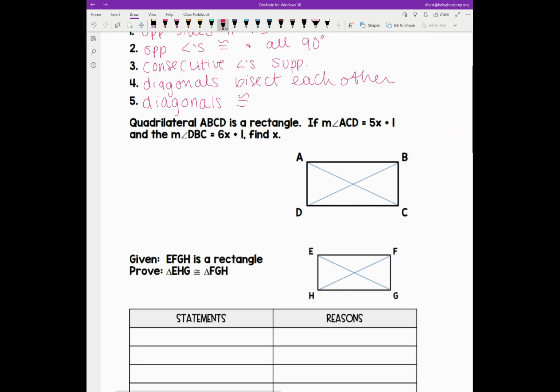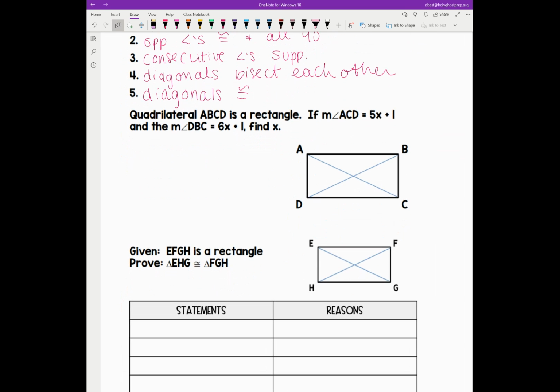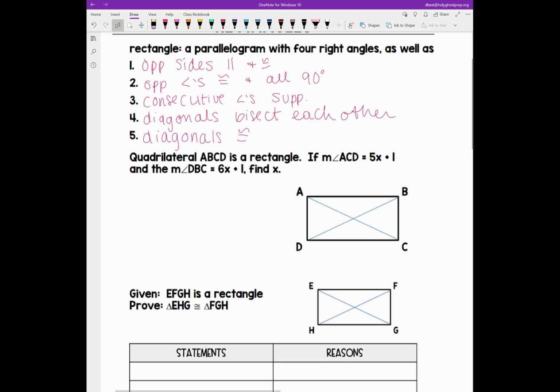So in this first example, we have our quadrilateral ABCD, and it's a rectangle, so that means all of those properties we just talked about are true. And it says if angle ACD, so this bottom right angle, is 5x plus 1, and the measure of angle DBC is 6x plus 1, find x.